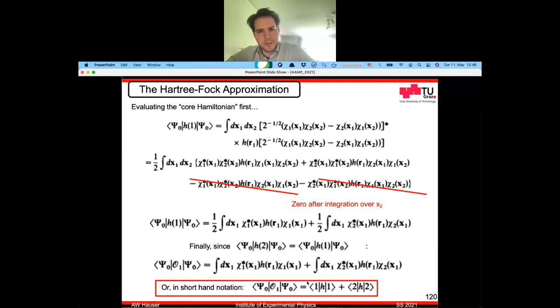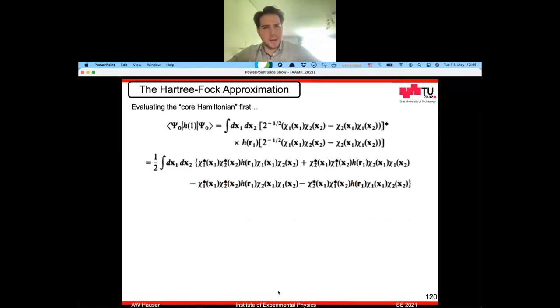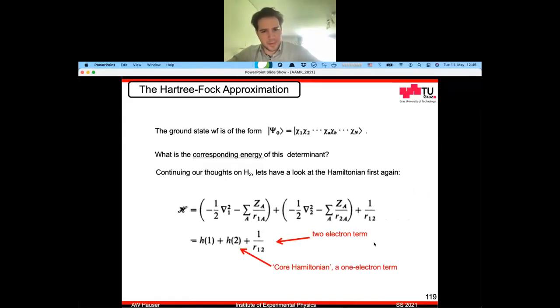I have used a slightly different symbol here for the operator. I'm denoting this as O1. Why? Because the actual core Hamiltonian in our n-electron Hamiltonian is a sum expression of all these core Hamiltonians for each electron. So in the case of 2 electrons, we have 2 of these core Hamiltonians. If I have n electrons, I have n of these core Hamiltonians.